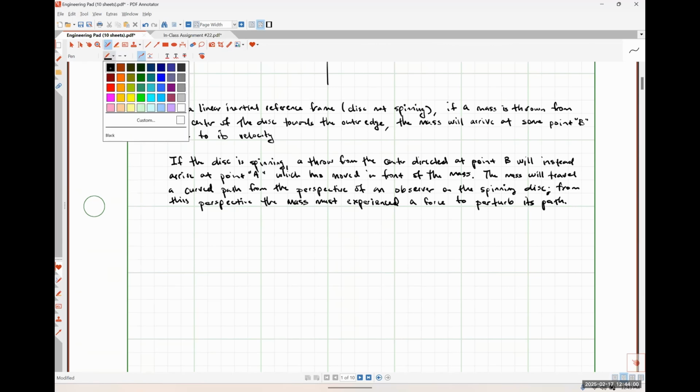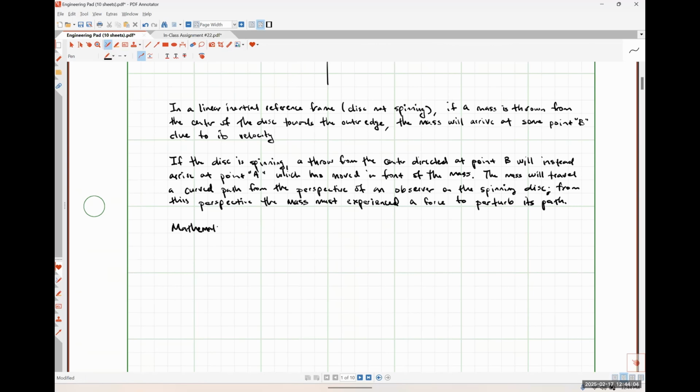So mathematically, this force, which is the Coriolis force, is expressed as F sub C, our Coriolis force, will be equal to -2 times our mass multiplied by capital omega, where this is the angular rotation speed of our reference frame.